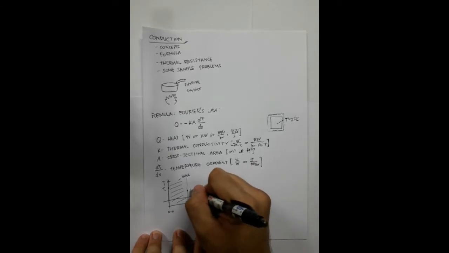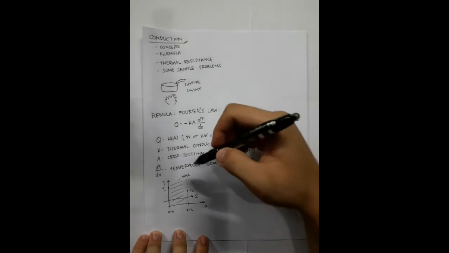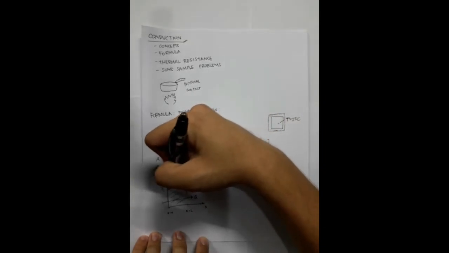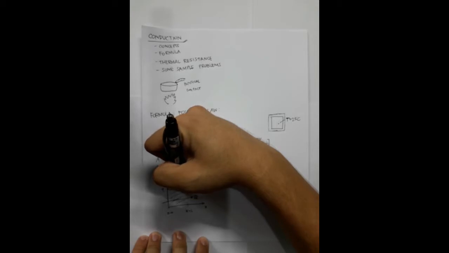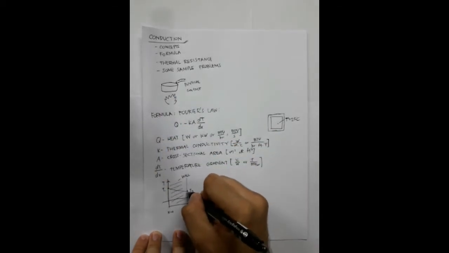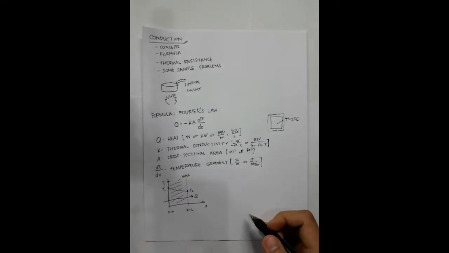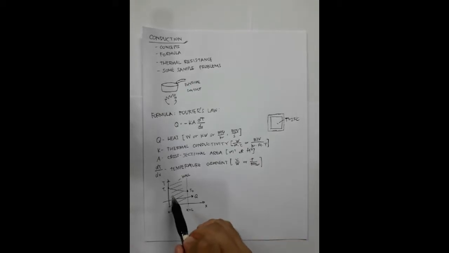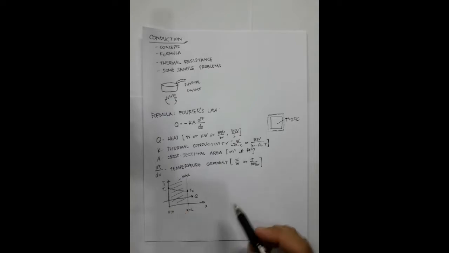So, magiging T2 na po dito. As you can see, nagkakaroon ng linear dito in between T1 and T2. So, yan po yung merong temperature gradient na sinasabi na slope siya ng temperature in the curve T-x diagram.